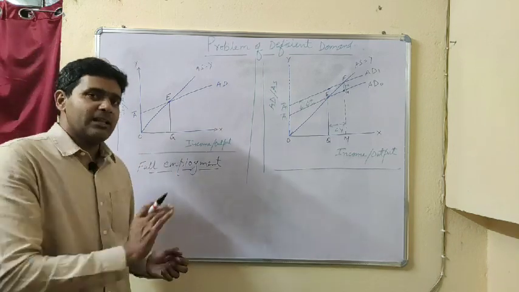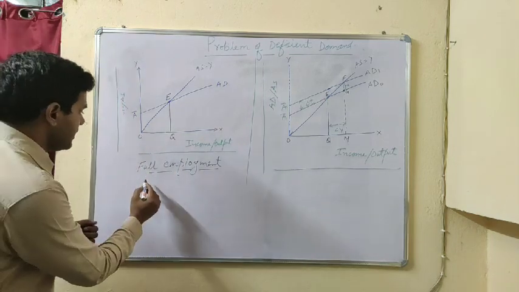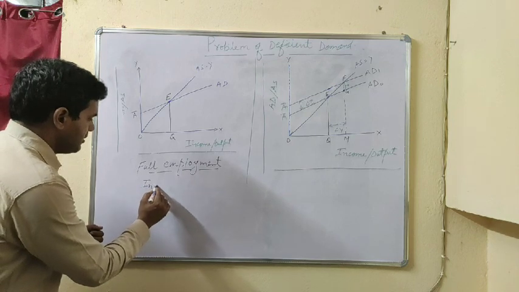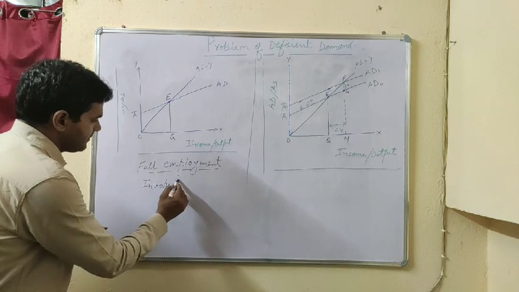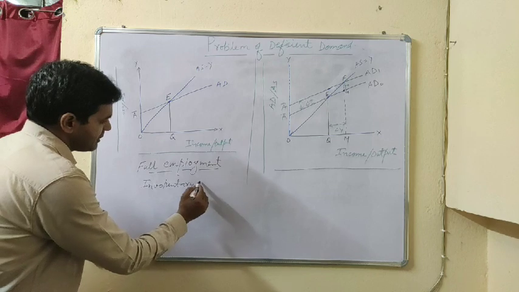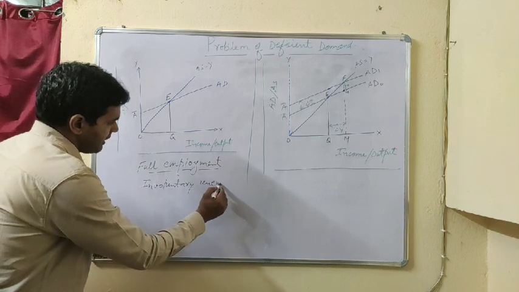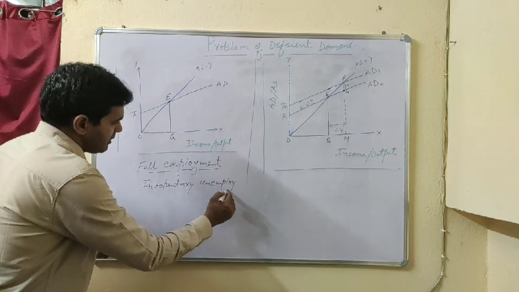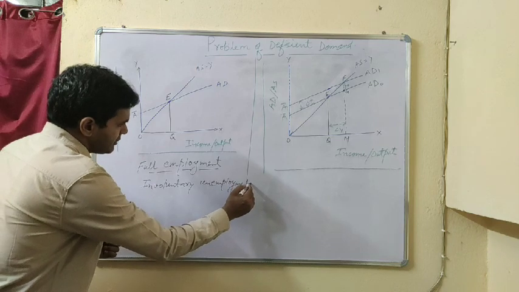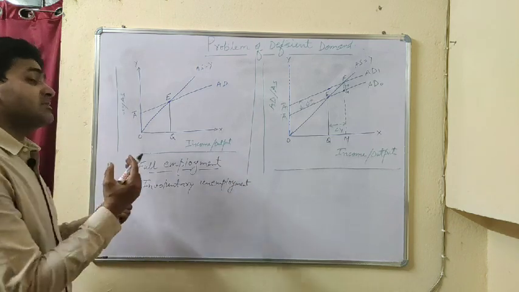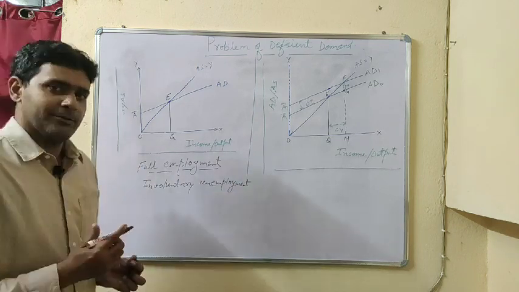Here we are saying that involuntary unemployment is zero or it is not there.